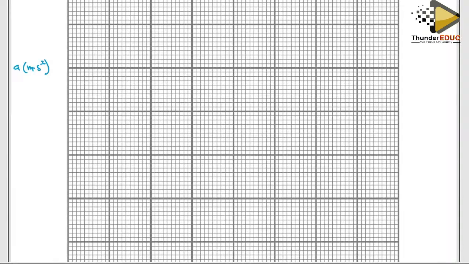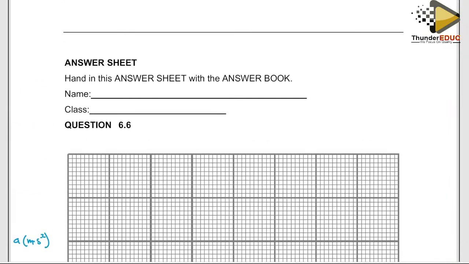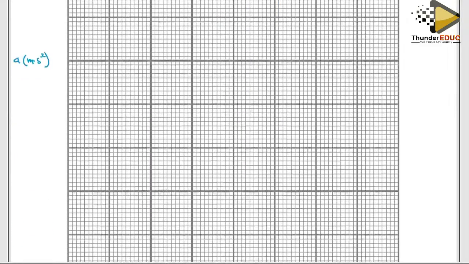So this is my acceleration versus time graph. Then after that, we're supposed to look at the values that you're given. There is the positive and the negative.